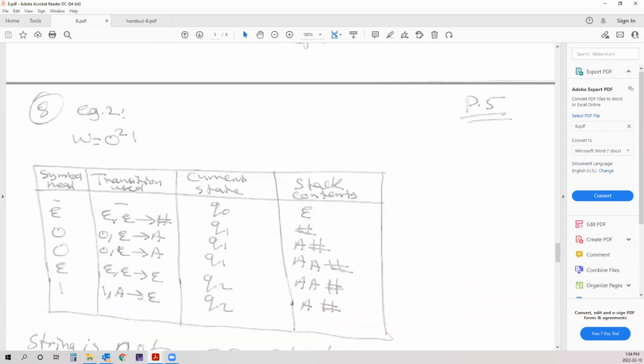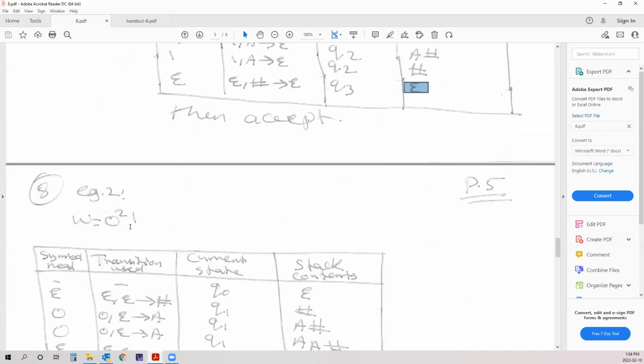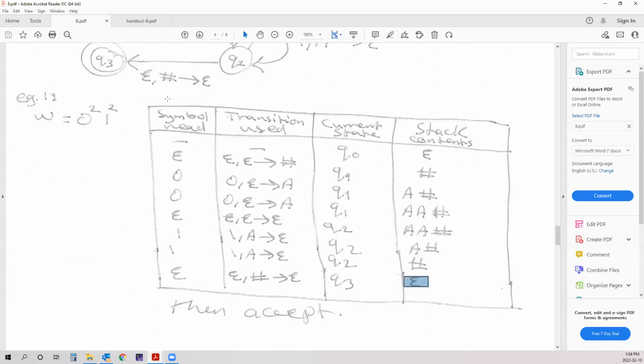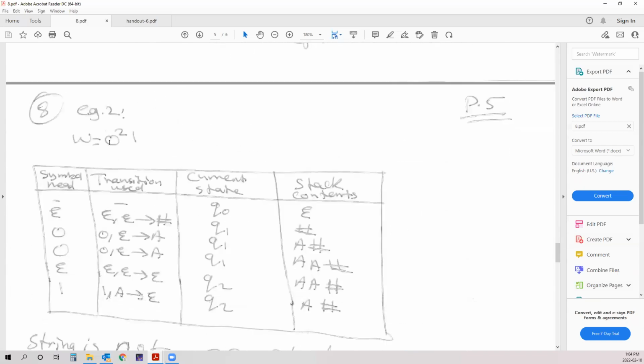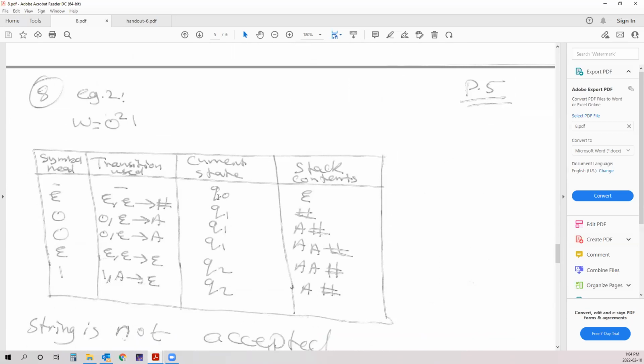Okay, let's take the same example here. Let's take 0 to the power 2, 1, which means 0, 0, 1. This should not be accepted, but we will see. We start at q0, we have epsilon. Then with epsilon, epsilon, hash, we push a hash on the stack, which is the bottom of the stack.